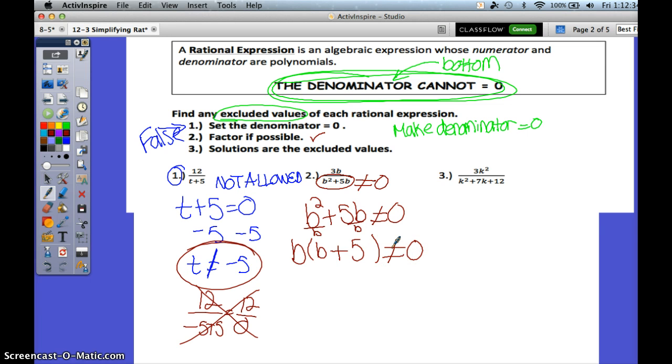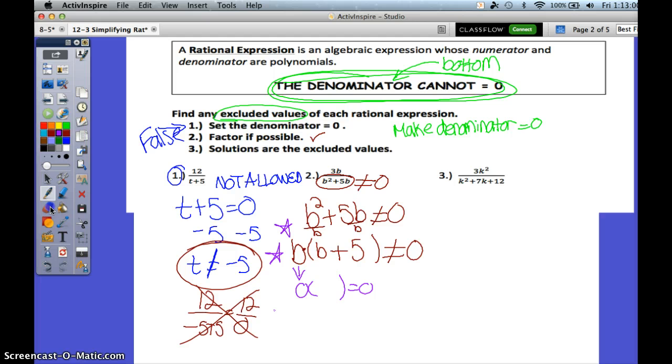Now, if you look at it, b times something is not allowed to equal 0. Since neither one of those is allowed to equal 0, each factor is not allowed to equal 0. So put a little star next to here, because wouldn't it happen if this right here was 0? Wouldn't you have 0 times something, and that would equal 0? Well, that can't happen.